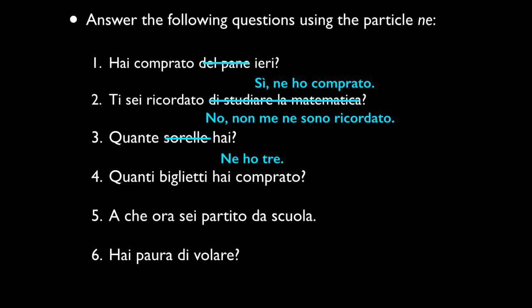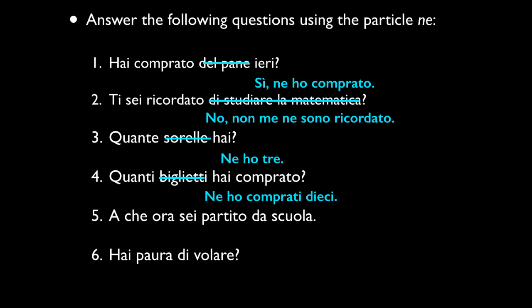Number 4, quanti biglietti hai comprato? How many tickets did you buy? Now, this one I put in purposely because it brings up the need to make agreement in the past participle when you have a compound tense used. So, ne ho comprati 10. I bought 10 of them.